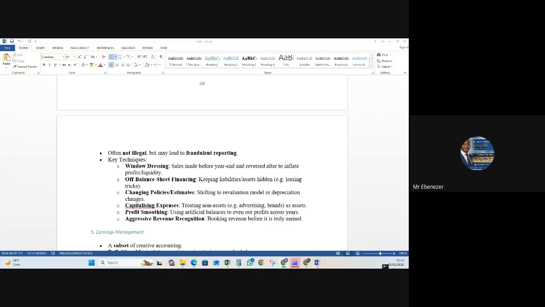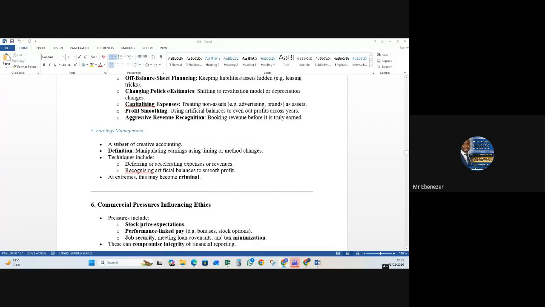The next thing we have to look at here is earnings management. Earnings management is also under creative accounting, and it means that you manipulate your earnings using changes in time and changes in method.